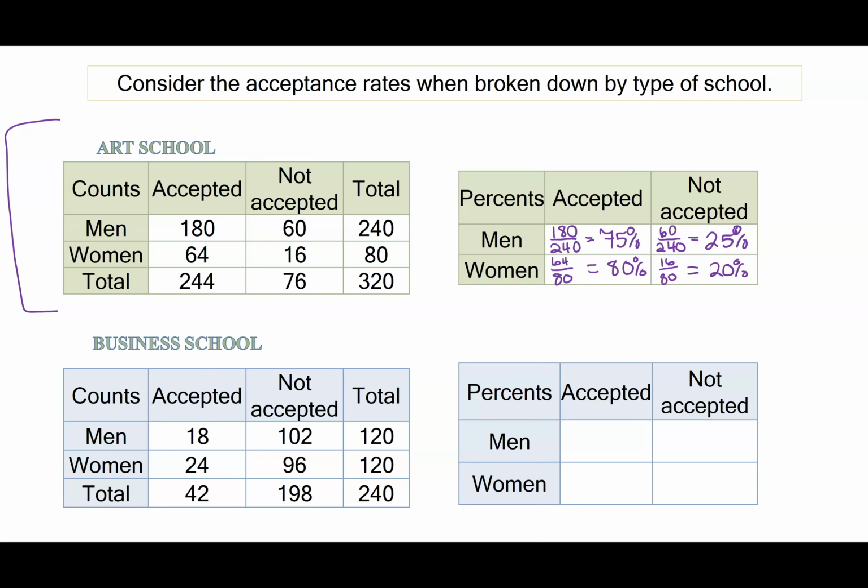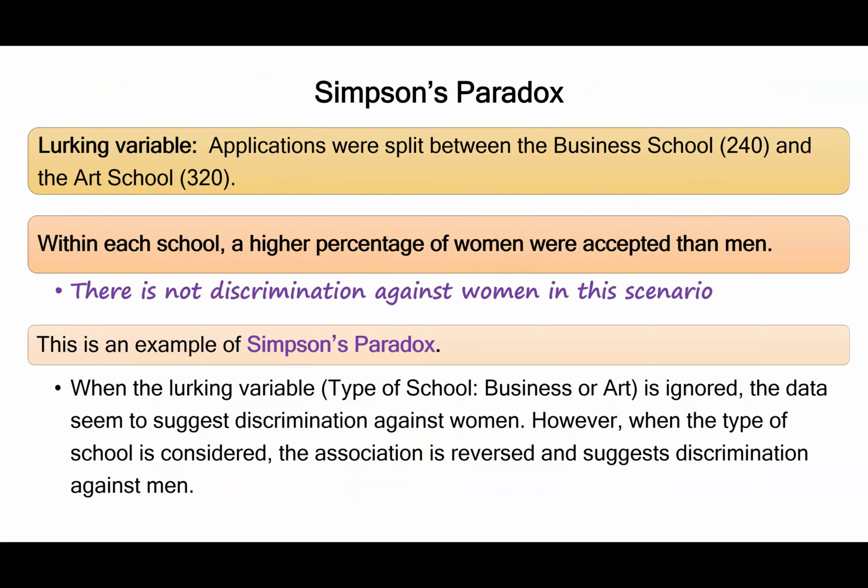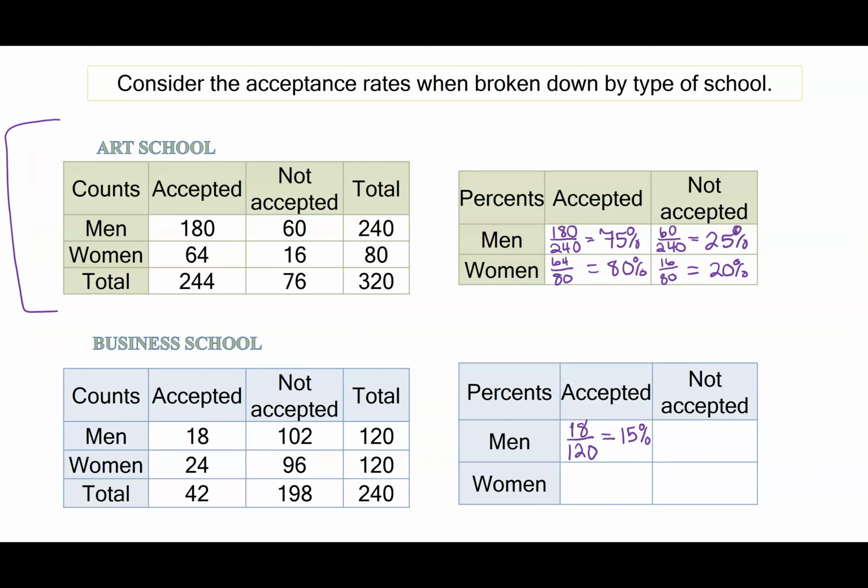Then looking here at business school, 18 men out of 120 applicants were accepted. That is 15%. That's pretty low. To be fair, certain schools have very different acceptance rates. Then 102 out of 120 applicants weren't accepted.